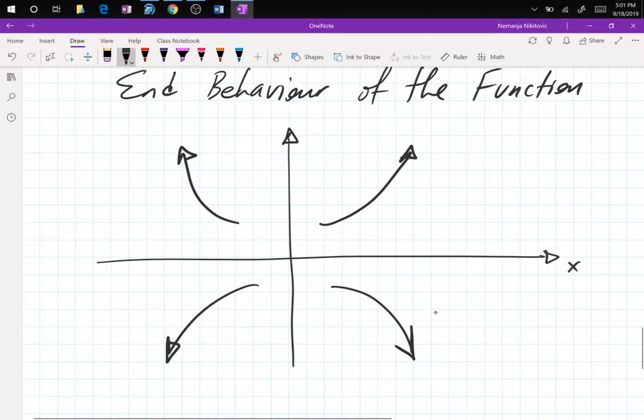Each one of these can be explained with limits at infinity that go to infinity. Right? This motion here can be decomposed into motion to the right and motion up. So this motion is the limit as x goes to positive infinity of a function to give you positive infinity as the answer.